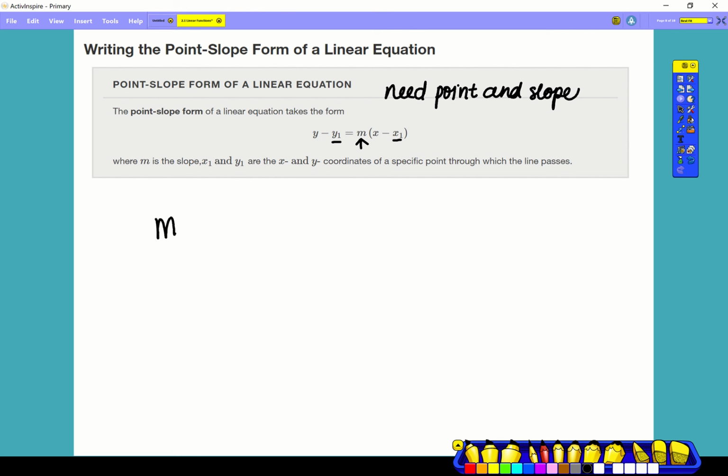So if I were given the slope and a point of 1, 1, then you could say y minus 1, that's your y, equals half x minus 1. There's your x. And this would be point slope form.